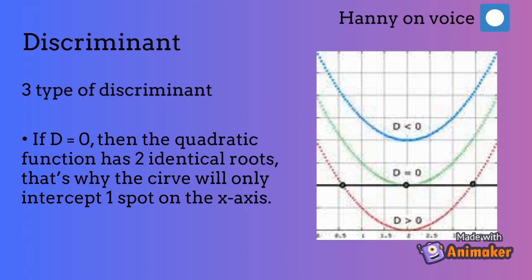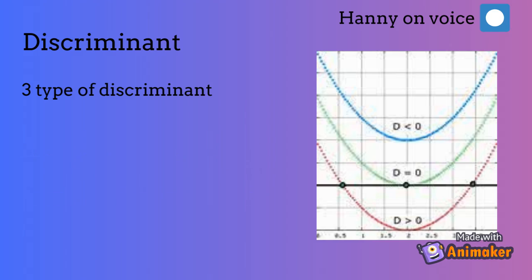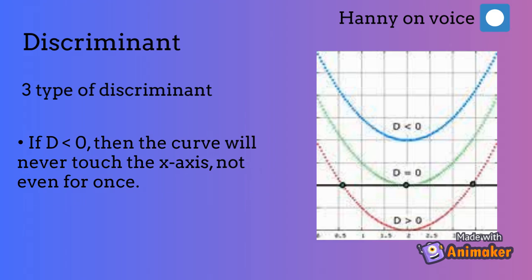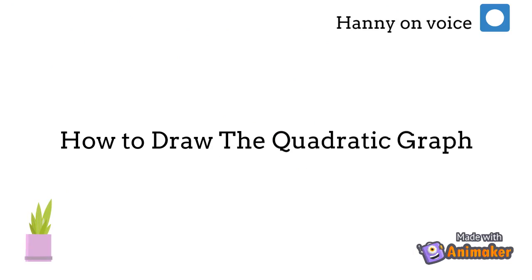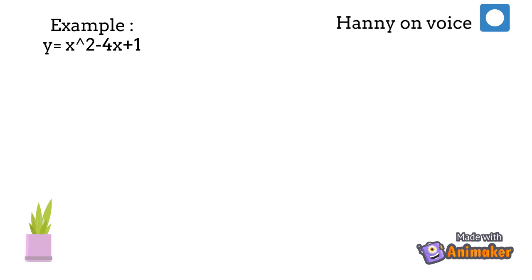And next you see the blue line on the picture, that shows the curve if D is less than 0. The curve will never even touch the x-axis, not even once. So that's about the discriminant.